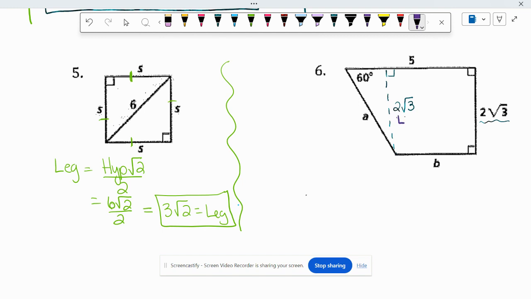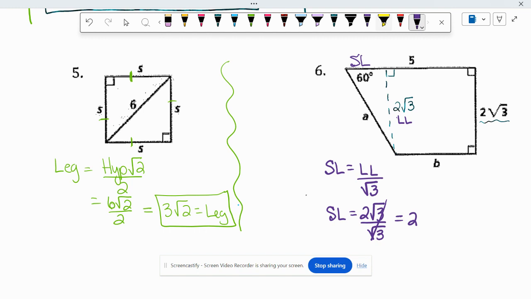It's the long leg. So if I want to find the short leg, I take the long leg divided by the square root of 3. So the short leg equals 2 root 3 divided by the square root of 3, which is just 2.